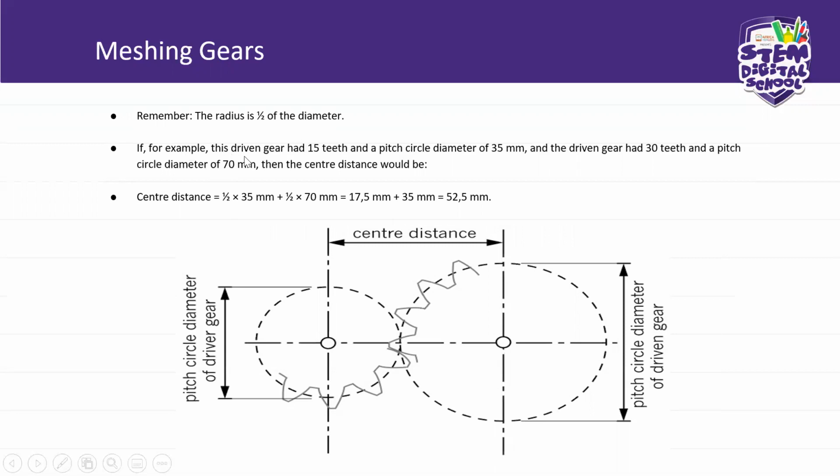If, for example, the driver gear has 15 teeth and a pitch circle of 35 millimeters, and the driven gear has 30 teeth and a pitch circle of 70 millimeters, then the center distance would be half of 35 millimeters plus half of 70 millimeters, which is 17.5 millimeters plus 35 millimeters. Then that would be equal to 52.5 millimeters.